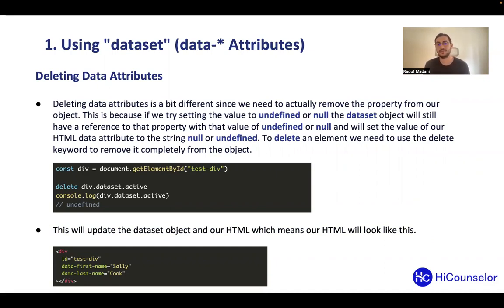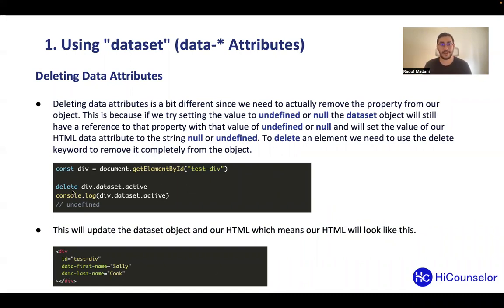So in order to delete an attribute, we need to use the delete keyword to remove it completely from the object. Otherwise, it will always keep the reference.